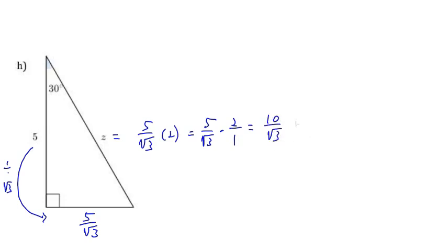And now we need to rationalize the denominator. So we'll multiply by the square root of 3 over the square root of 3. And there we have it. The hypotenuse equals 10 times the square root of 3 over 3.